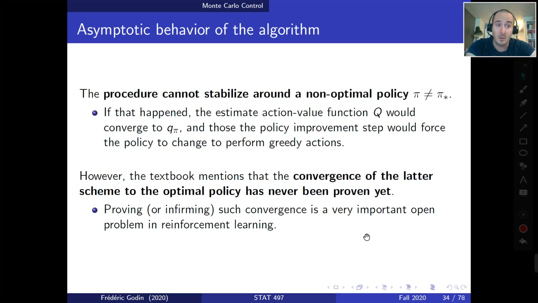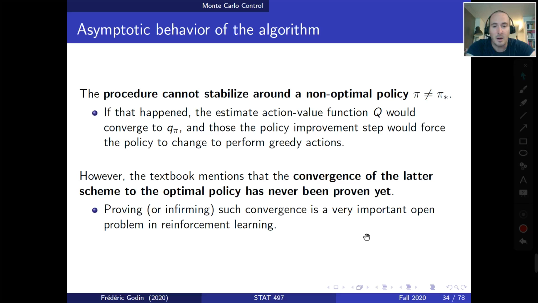When you have this perfect estimate, you can apply policy improvement and you're certain to find a better policy. This contradicts the assumption that the algorithm stabilizes around a non-optimal policy. So we know this algorithm can never converge to a non-optimal policy.